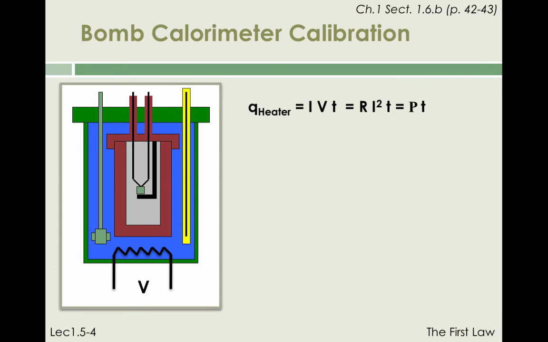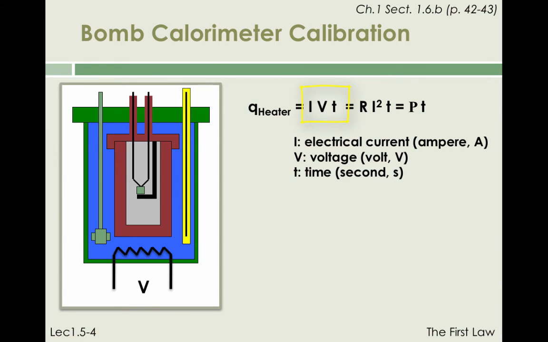The heat released by the heater, which we call Q heater, can be written as the product of the current intensity, I, the applied voltage, V, and the length of time the current is applied, t.